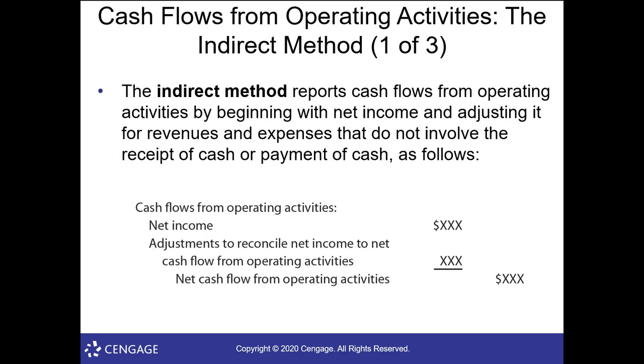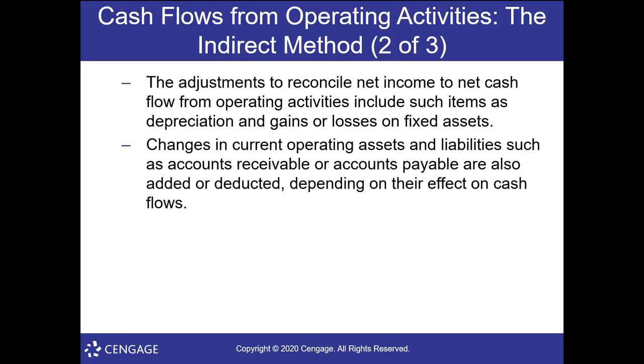The indirect method starts with net income, and then it makes various adjustments to reconcile that net income to net cash flows from operating activities. These adjustments include any non-operating items, such as gains and losses on the sale of fixed assets or investments, and non-cash items such as depreciation.